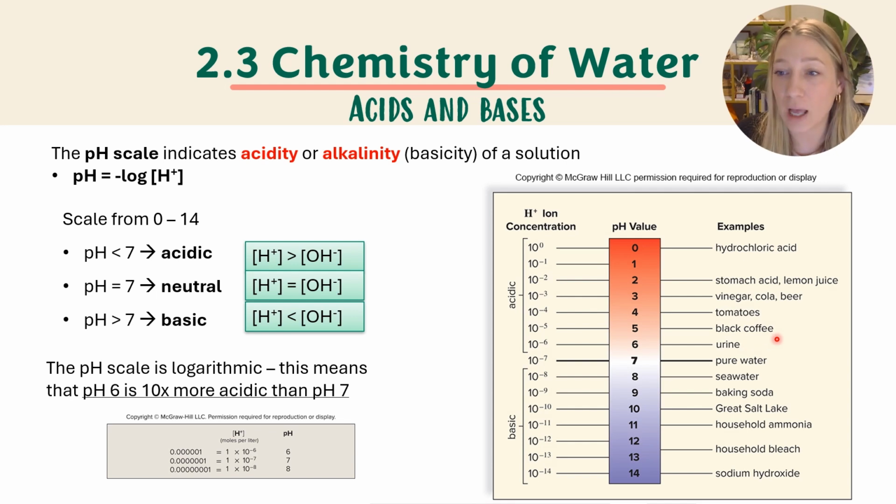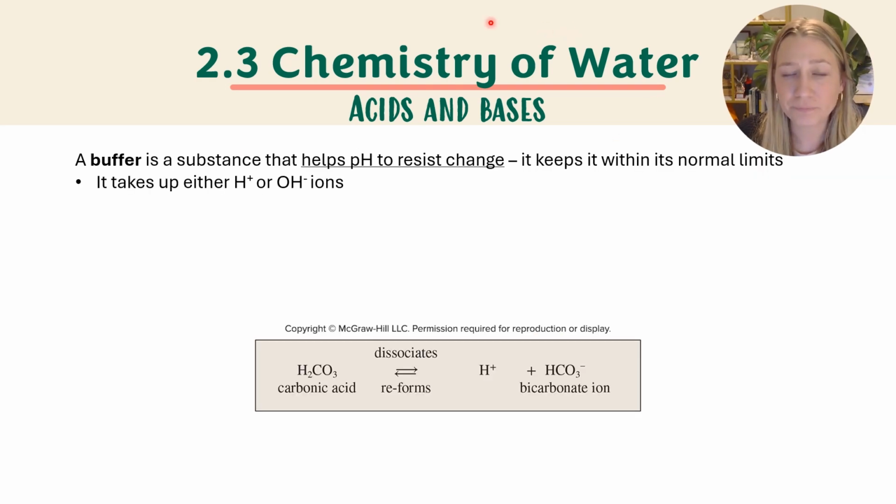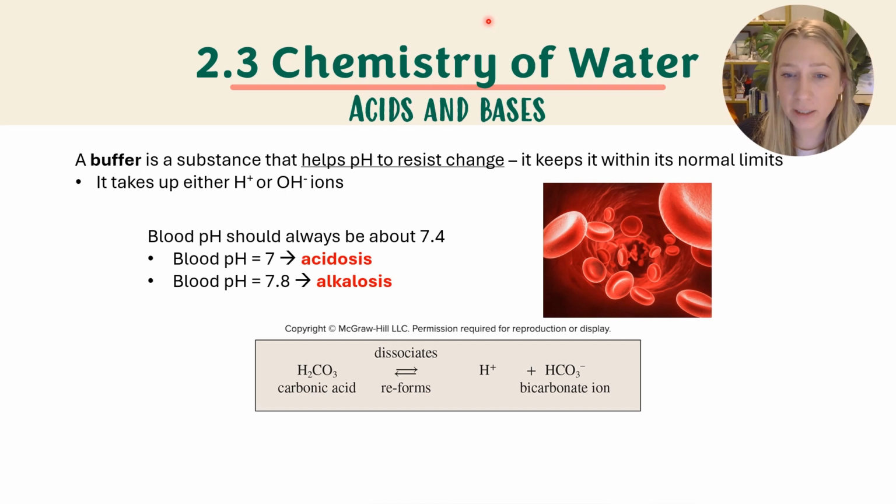Biological systems rely on maintaining very specific pH ranges. As we'll see in this next slide, our blood needs to exist within a very narrow range of pHs. Blood pH is approximately 7.4. If it goes below that, that's considered acidosis. If it goes above that, that's considered alkalosis.